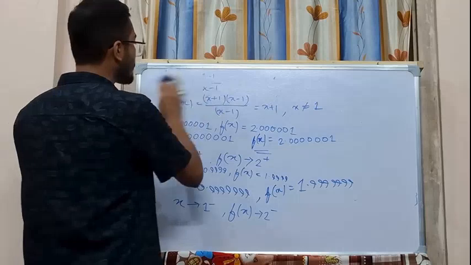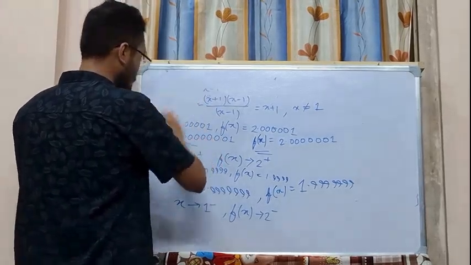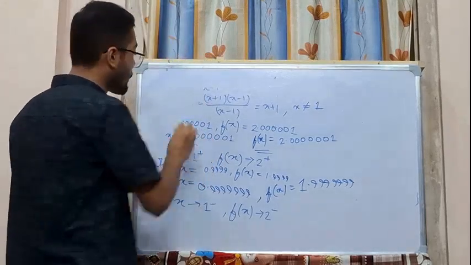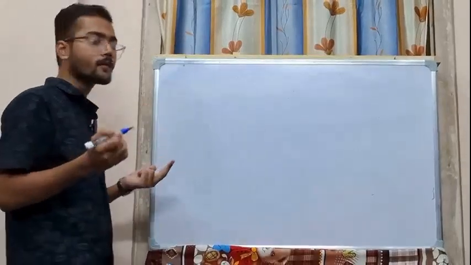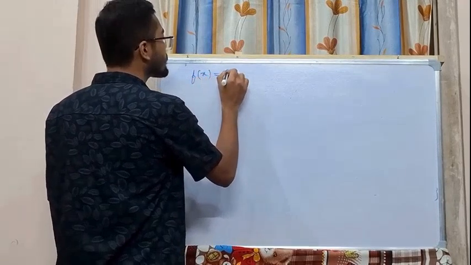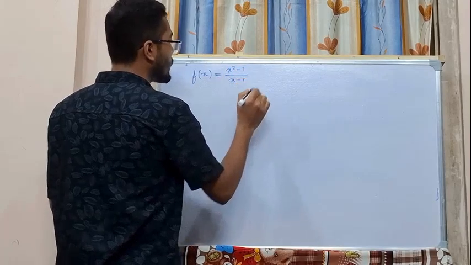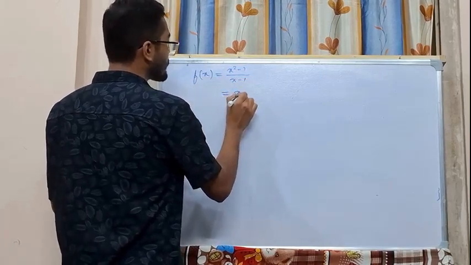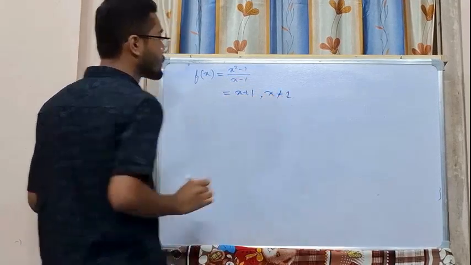Now let us discuss some more functions. Let's discuss the previous function first. What was it? It was (x square minus 1) divided by (x minus 1), which was x plus 1 when x is not equal to 1.